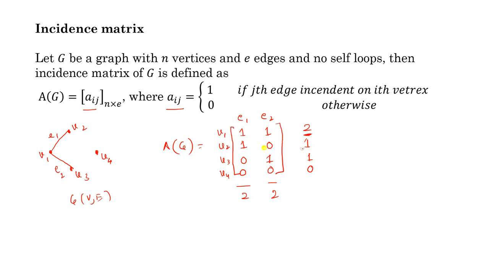Similarly, the degree of V2 is 1, the degree of V3 is 1, and the degree of V4 is 0. If the sum of the entries of any row is 0, then you can immediately say that this is an isolated vertex. So in this way, you can write the incidence matrix of a graph.